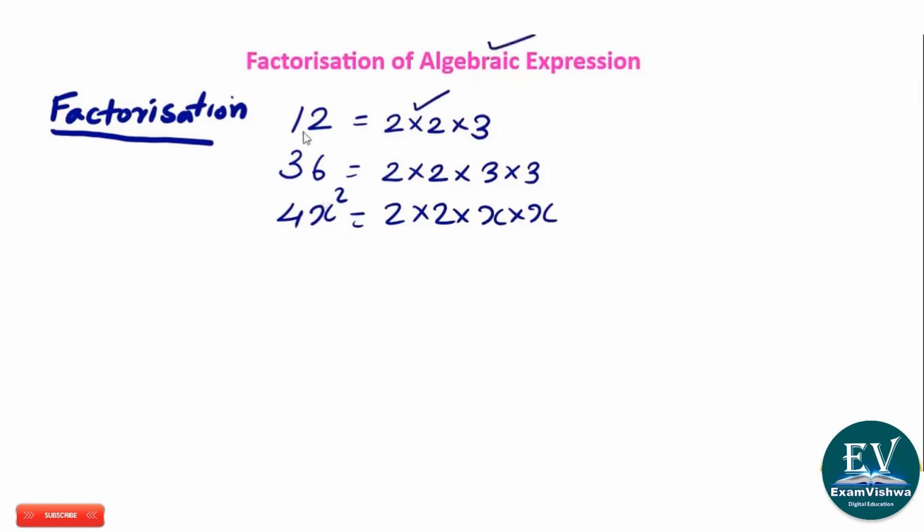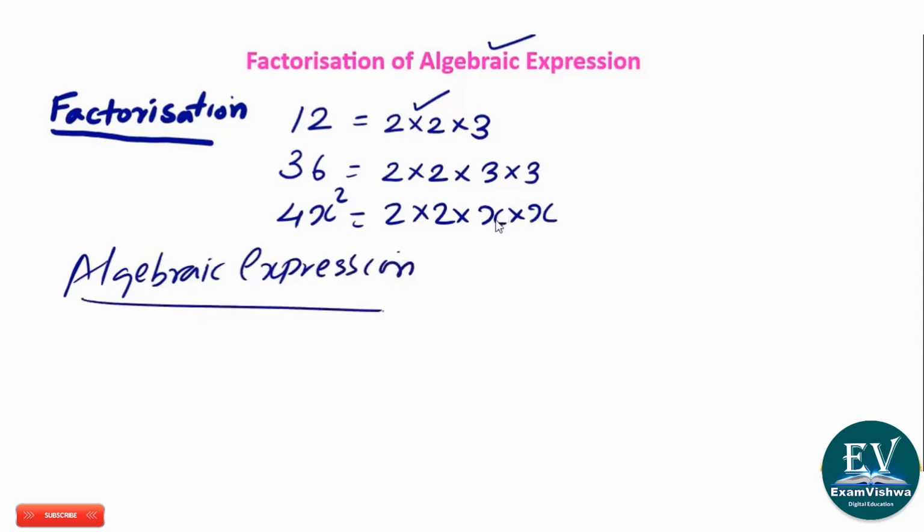Now the second part is the algebraic expression. Algebraic expression was first introduced to you just by writing some alphabet along with numbers. For example, 3x plus 5 is equal to 17. We understood this as an algebraic expression, where this x, an unknown quantity or variable, made us say this.